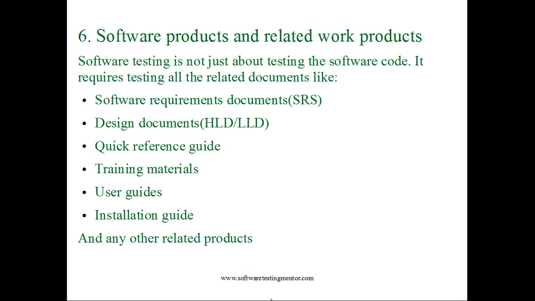So software testing ensures all the related documents like software requirements document, software requirements specification document, SRS, design documents like HLD and LLD, high level design and low level design, quick reference guide, training material, user guide, installation guide, or any other related products are of good quality and solve the end user purpose.